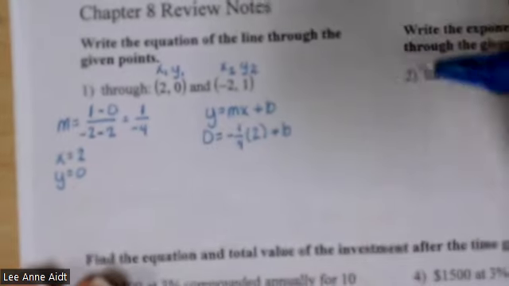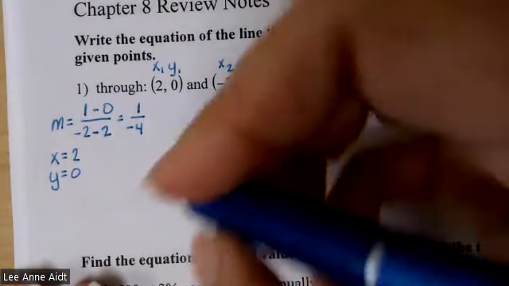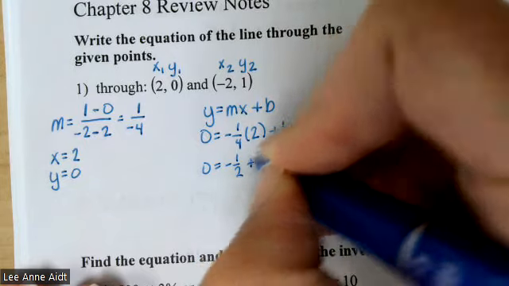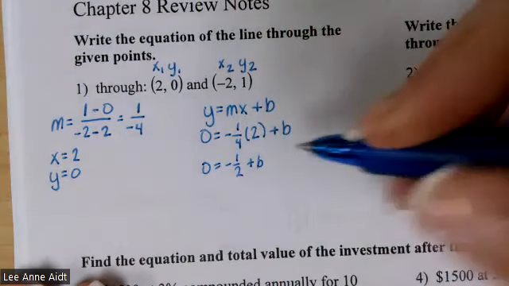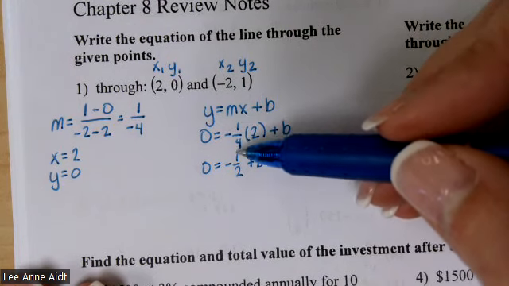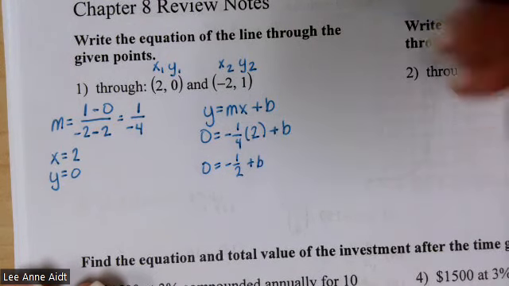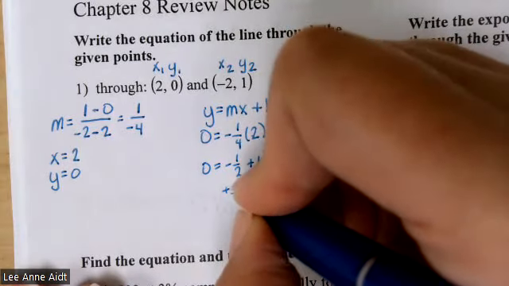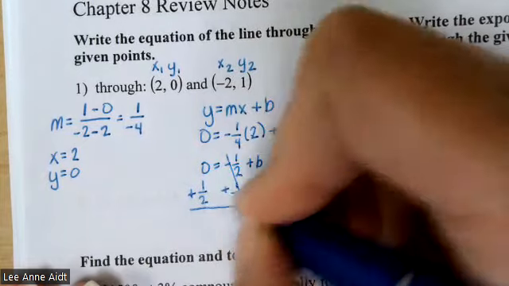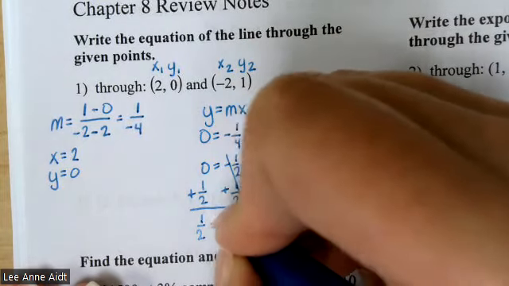Is -1/4 times 2. Beautiful. -1/2 plus b. If you're wondering how that happened, we did 2 times 1 is 2, and then 2/4 reduces to 1/2. Plus 1/2 to both sides. 1/2 equals b.